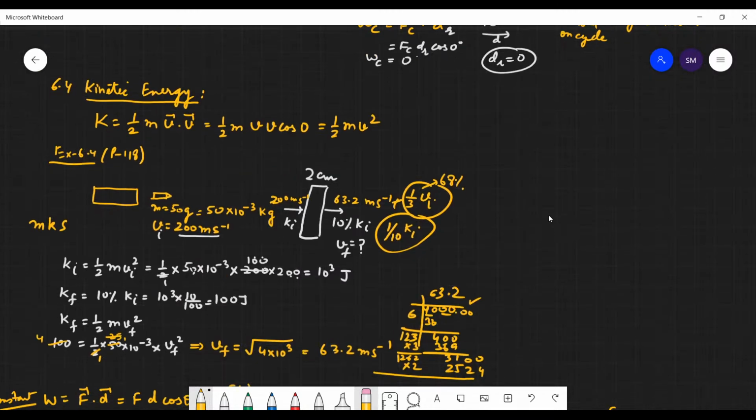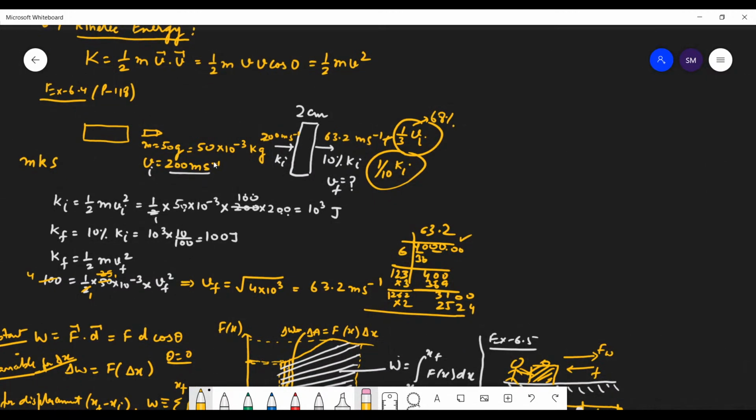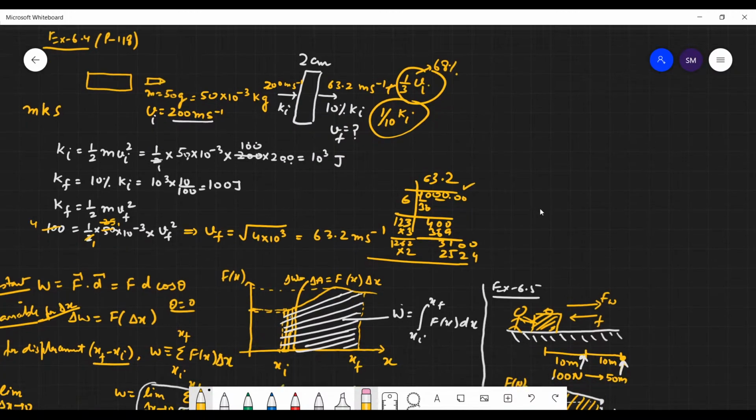And then kinetic energy, what is kinetic energy? Kinetic energy is half m v square, from the dot product v cos theta. We did one simple example of a bullet also. The initial kinetic energy of the bullet, and 2 centimeter is the thickness, and then this bullet comes out, and only 10% of the kinetic energy was left.